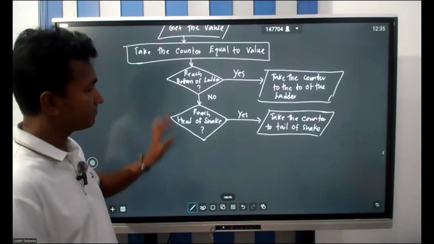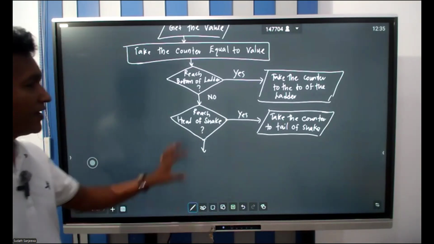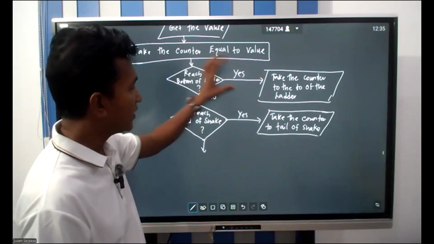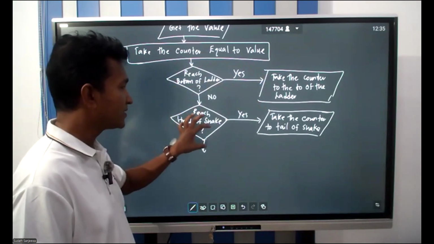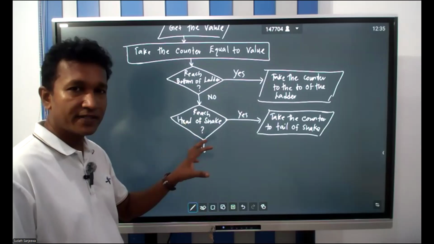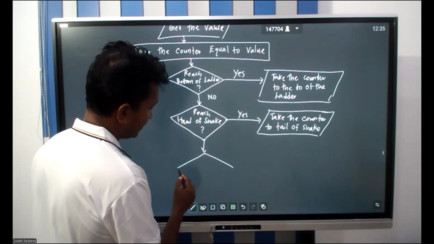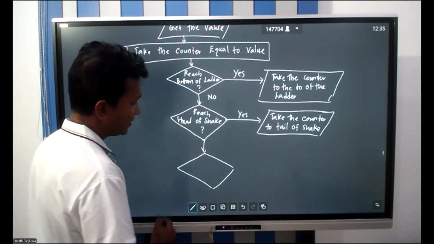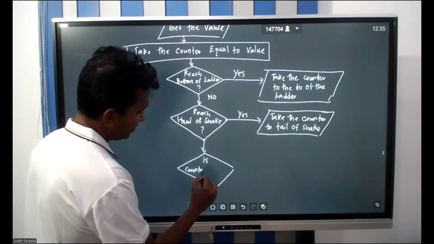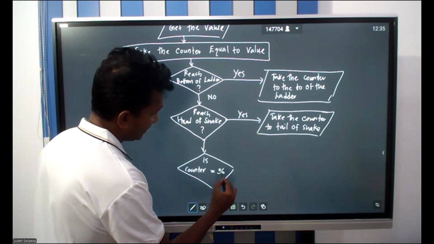Then what we should do: if it becomes the bottom of the ladder, then do this one. Else, if it becomes the head of the snake, do this one. Else, we have to check another thing, right? What is that? Is the counter equal to 36?